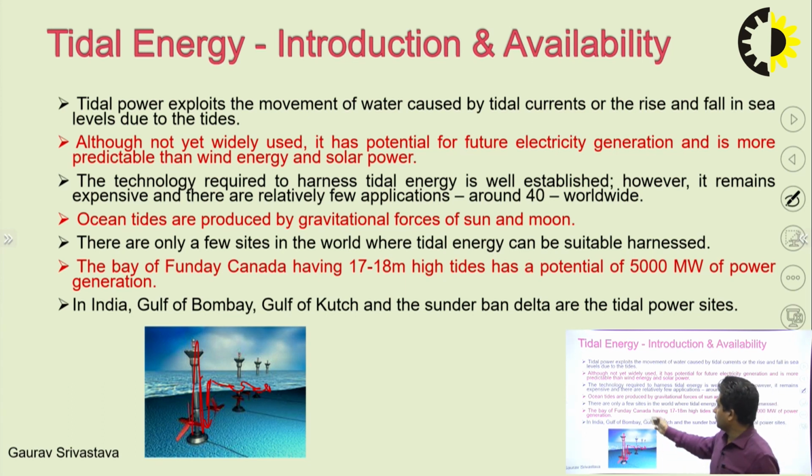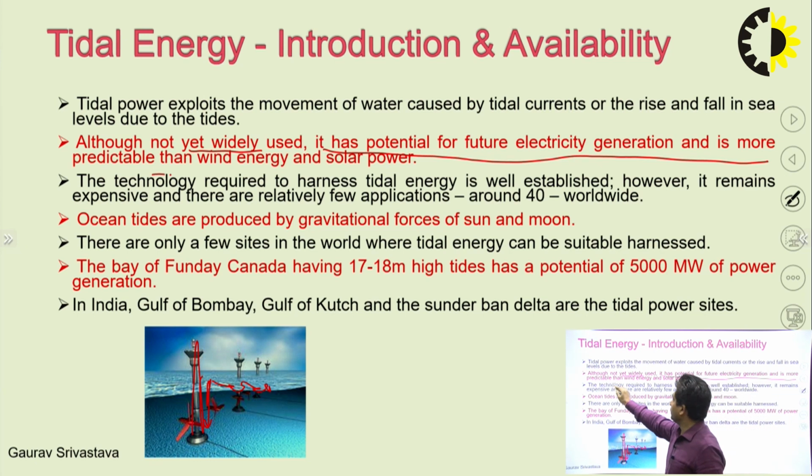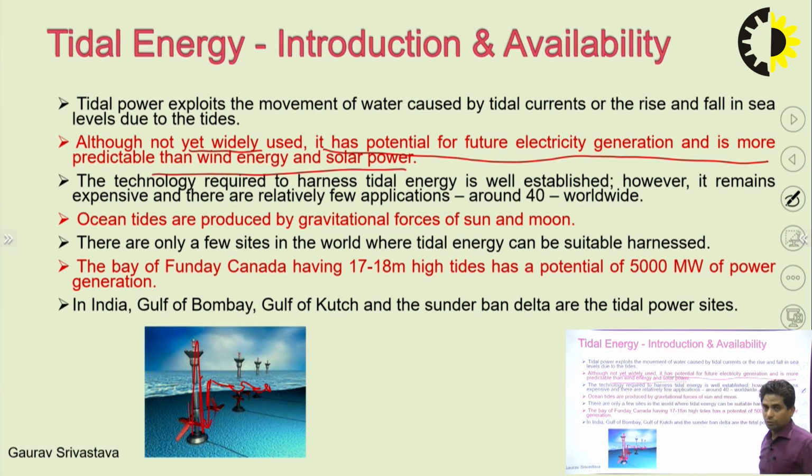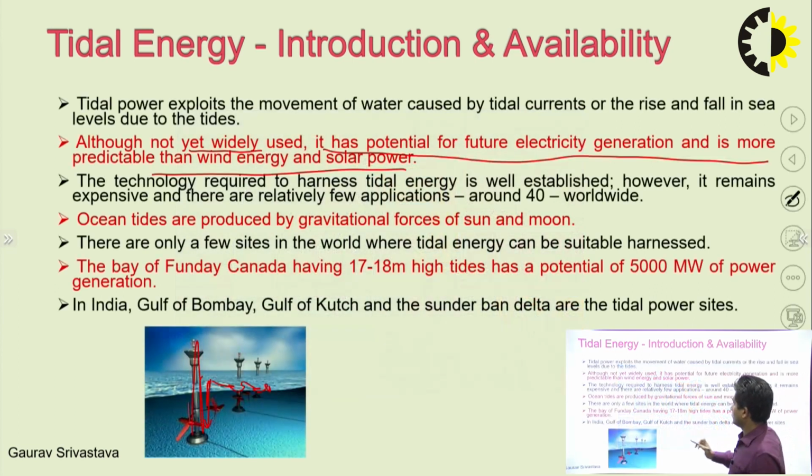Although not yet widely used compared to solar and wind energy, it has potential for future electricity generation and is more predictable than wind and solar power, because we know the water availability in our country and the world.